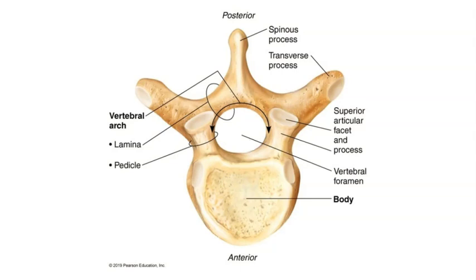Successive vertebral foramina of the whole articulated vertebral column form a long canal called the vertebral canal, and this is the canal in which the spinal cord is found. So the vertebral foramen provides an opening which the spinal cord can occupy.